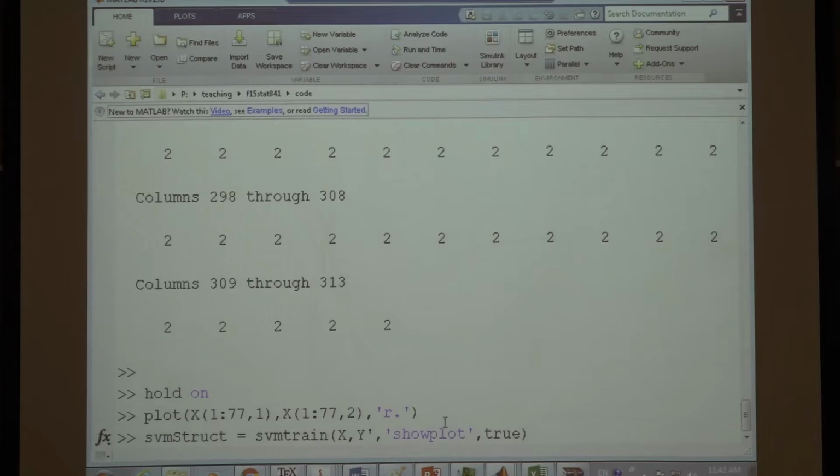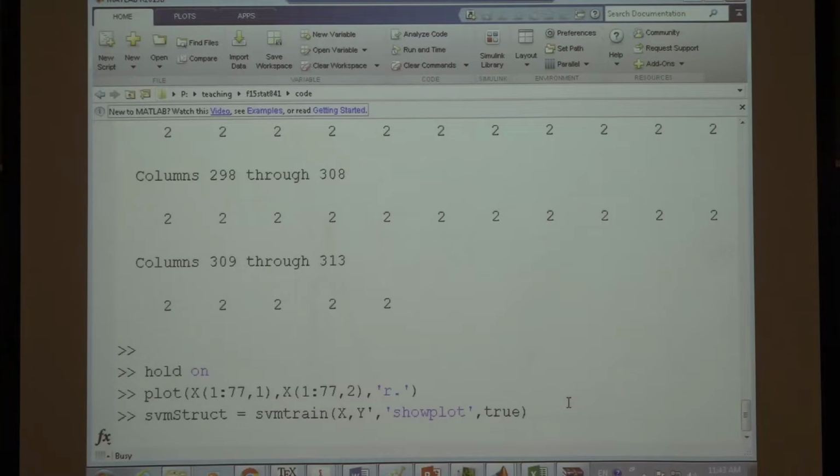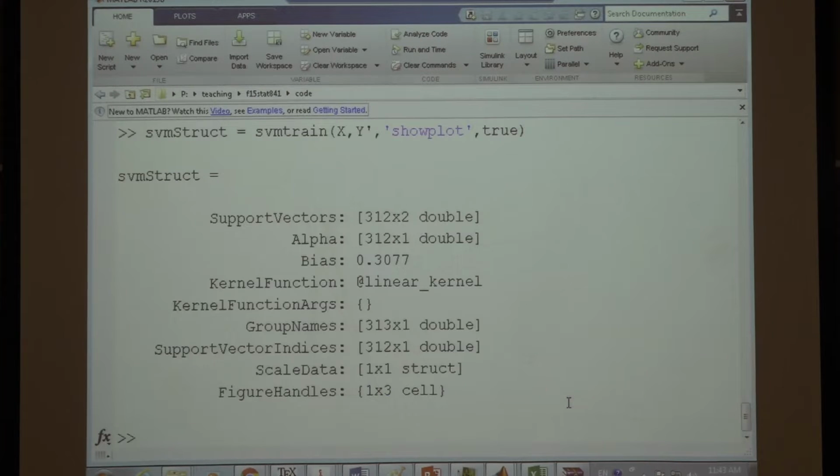And this parameter show plot true means that I want SVM to show the plot of data and the decision boundary. If it's false or if you don't use this, it doesn't show it. If it's more than 2 dimension, this part is not going to work. It cannot visualize.